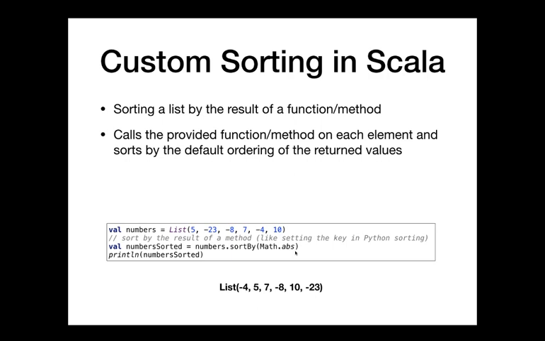So I'm going to sort using the less than operator, but before I sort on the less than operator, I'm going to take the absolute value of every element in my list.